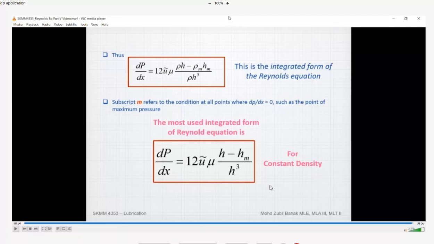Hopefully when you watch the video, the process of getting this final equation, at least you will appreciate what is the meaning of dp/dx equal to 12 mu bar mu (h minus hm) divided by h cubed.